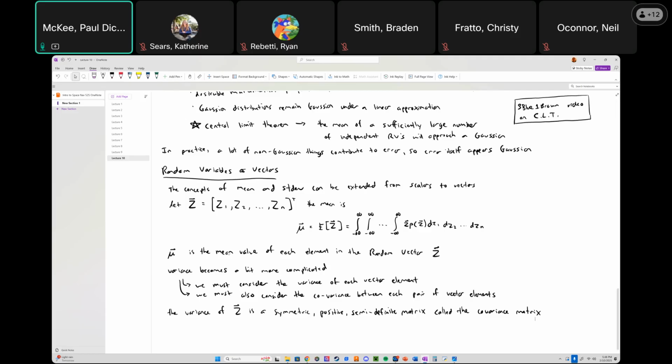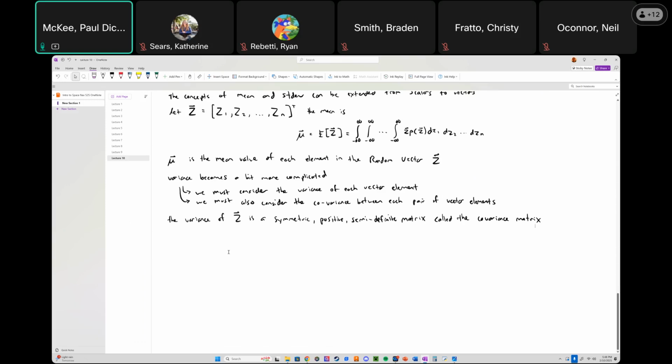But also, as I'm writing out the next thing, does someone want to take a stab? What does a symmetric positive semi-definite matrix mean? Symmetric basically means that whatever's above the diagonal is the same as whatever's below the diagonal, right? Like it's kind of flipped. Positive means that the determinant of the matrix is positive.